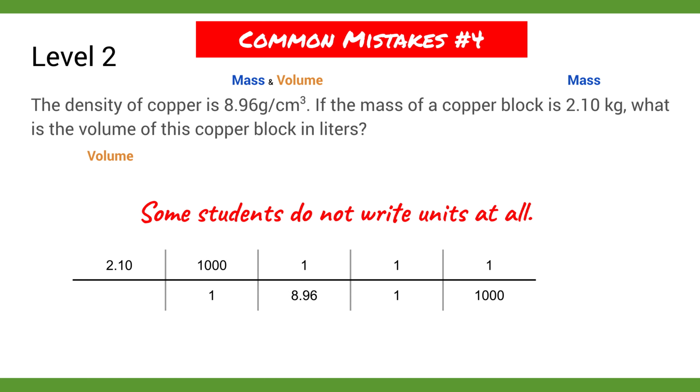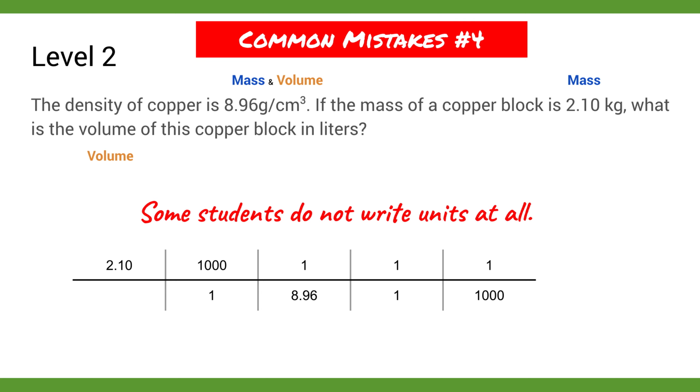Now, common mistake number 4. This is what I see very often, just because students don't know how important the units are. The units are really good at telling you whether you are on the right track or not. If you don't write units because you are lazy or you just don't care, you actually expose yourself to a huge risk.